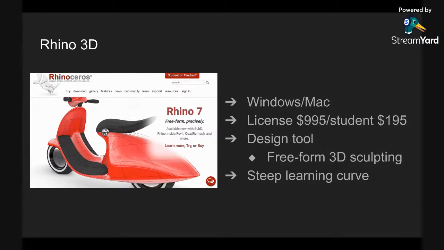It's a design tool rather than a building tool, and it's particularly admired for its ability to do free-form 3D sculpting, and especially for being able to deal with complex curves on objects. So you can use it to design aircraft, not necessarily aircraft that you want to build, but potentially aircraft for an animation or something. But you can use it for free-form design.